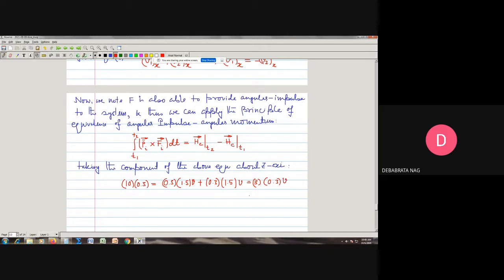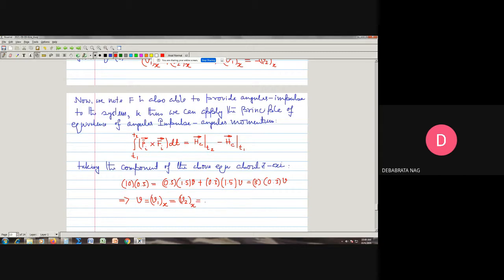So we can say from here that we can cancel out this 0.3 factor and say V, which is equal to V1x, that is also equal to V2x, correct?